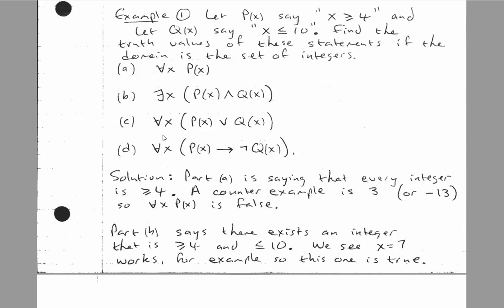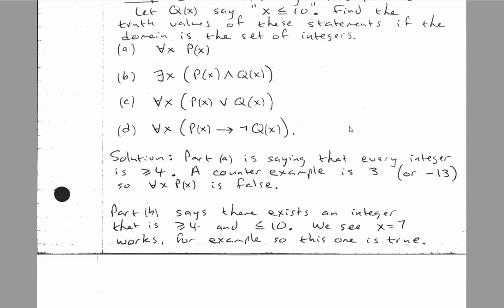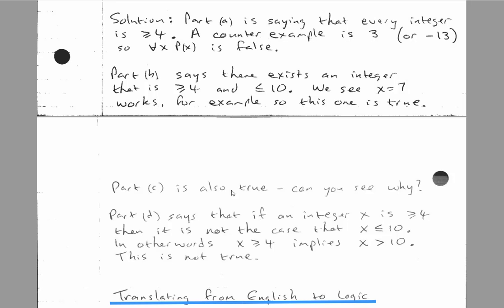Okay, a couple more. Part C, for all x, p of x or q of x. So for every integer, it's either greater than or equal to 4 or less than or equal to 10. Yeah, so that's true.